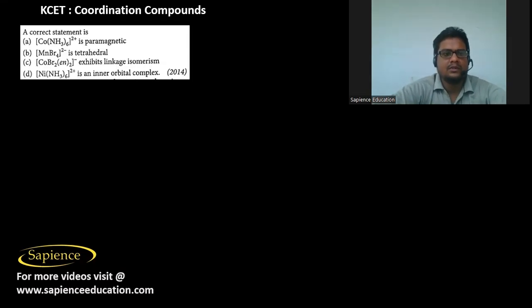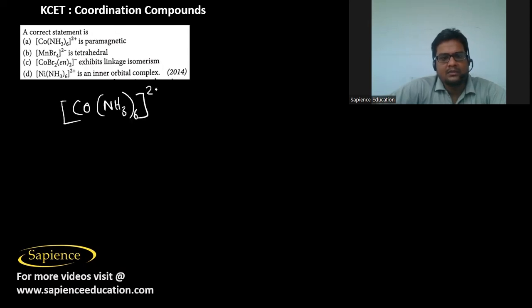So the EAN value for cobalt is 36. And here the question asks for the correct statement. Option A is Co(NH3)6 2+. Here the charge on cobalt is 2+.